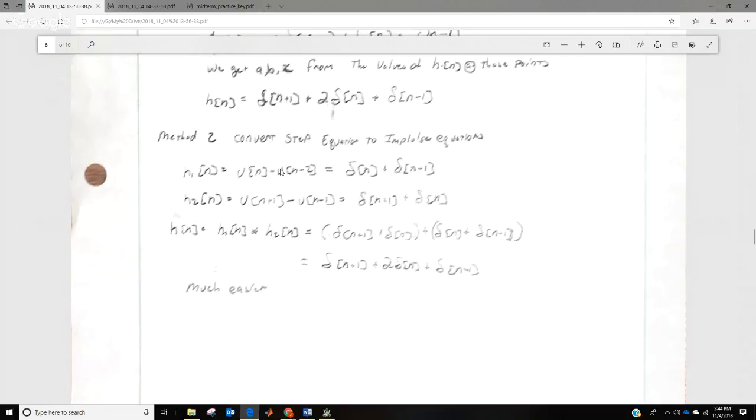So here h1 of n is converted to the delta function where you only have 1 at 0 and 1 at 1. h2 of n is converted to the delta function for when you have 1 at -1 and 1 at 0. And when you convolve those, you're just adding the delta functions together, and you get the same answer without a page of notes.